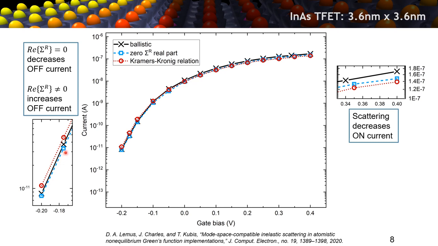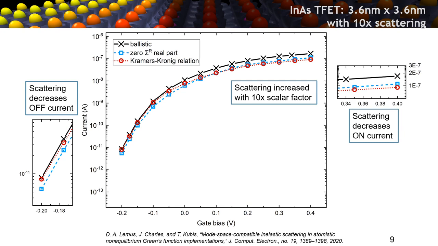As you can see, the case with the zero real part actually decreases the off current. So can we see the same thing happening while including the real part of sigma r? For that, we increase scattering using a scalar factor in the next slide.